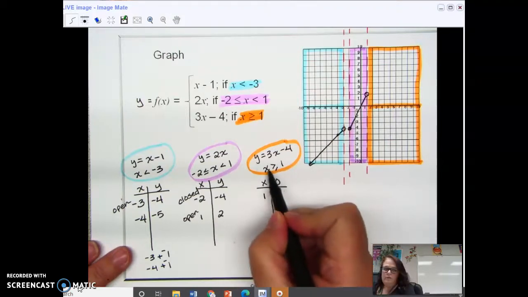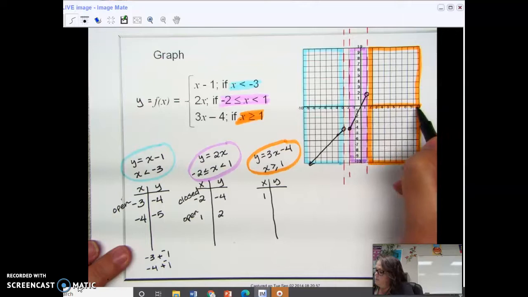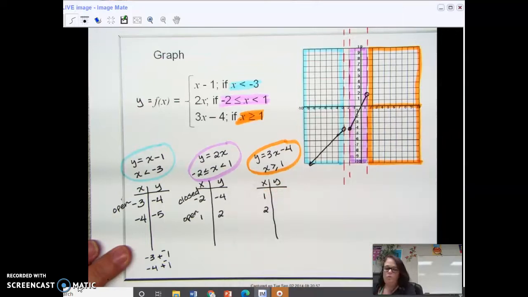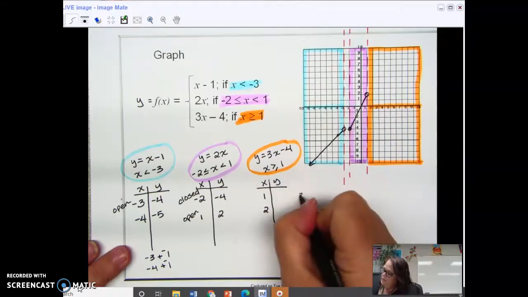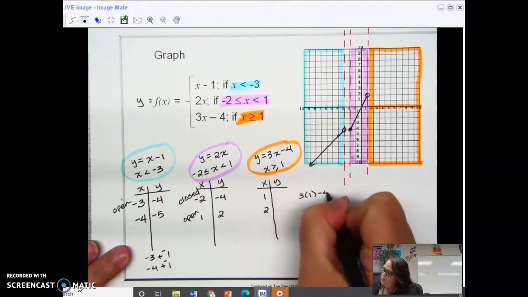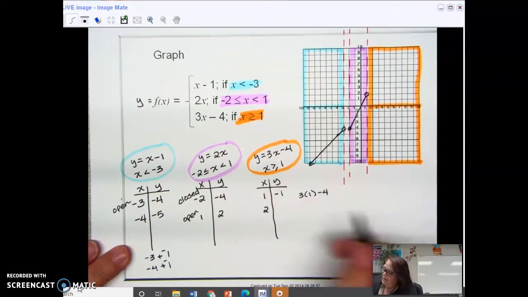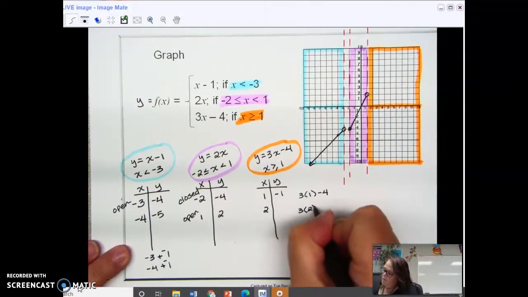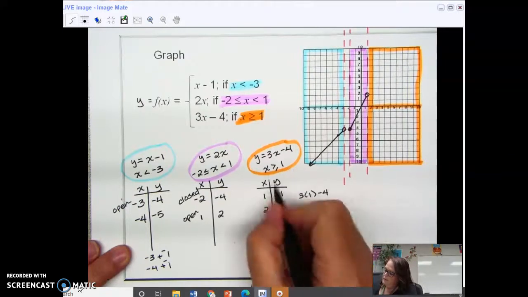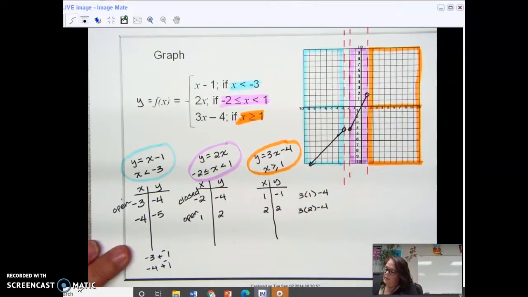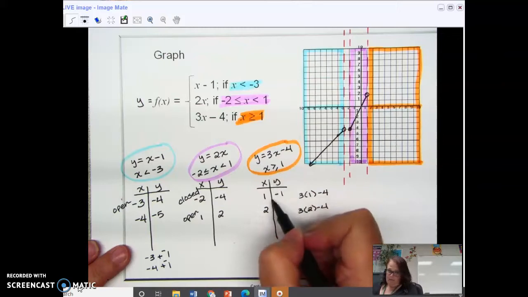All right, so then for this one, my boundary is going to be 1, and then I need to pick an x value greater than or equal to 1. So that's any of these orange values. So I could pick 2, 3, 4, anything to the right of 1. So then I'm going to say 3 times 1 minus 4. And so 3 minus 4 is -1. And then I'm going to go 3 times 2 minus 4. And 6 minus 4 is 2. Then I'm going to check my boundary value, which was 1.